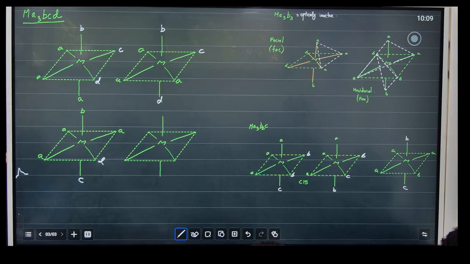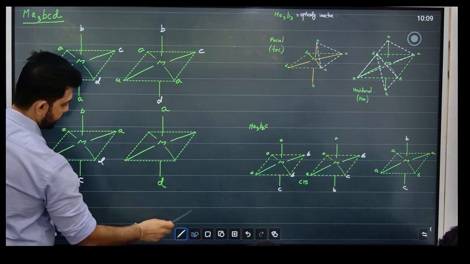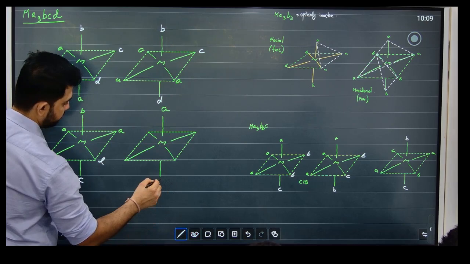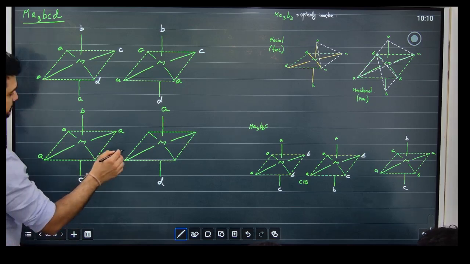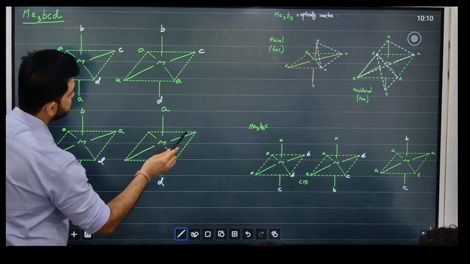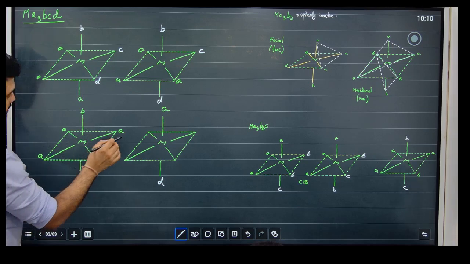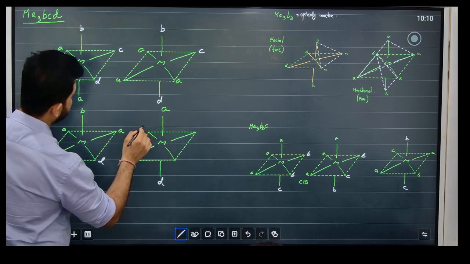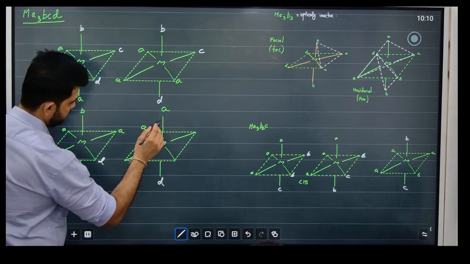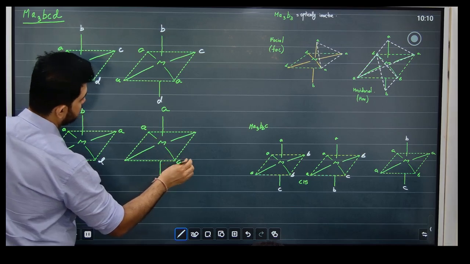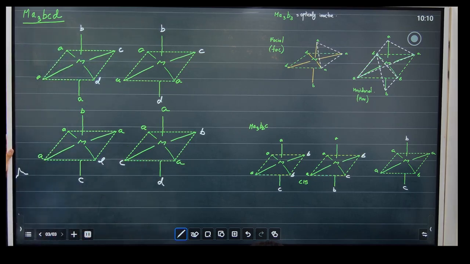Transposition पे AD, and AD बचा था, yes. So एक A यहाँ पे, एक दो, A यहाँ पे, and then B and C.